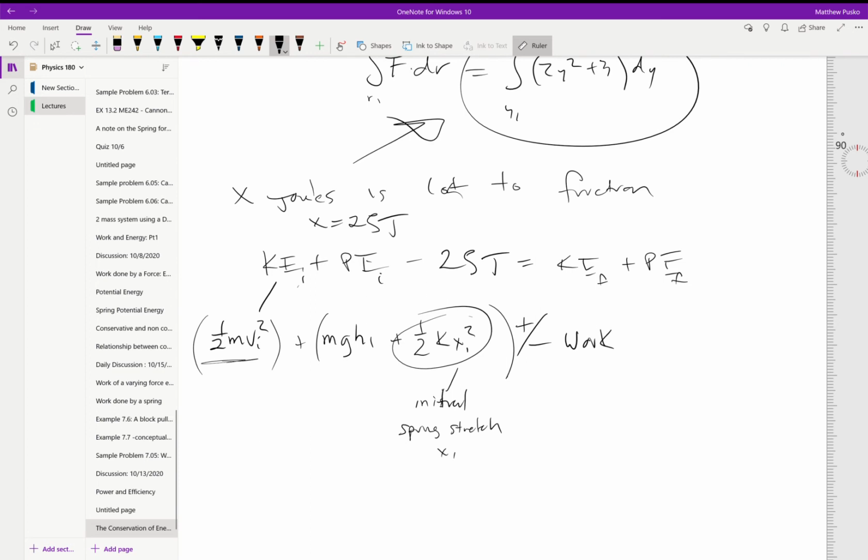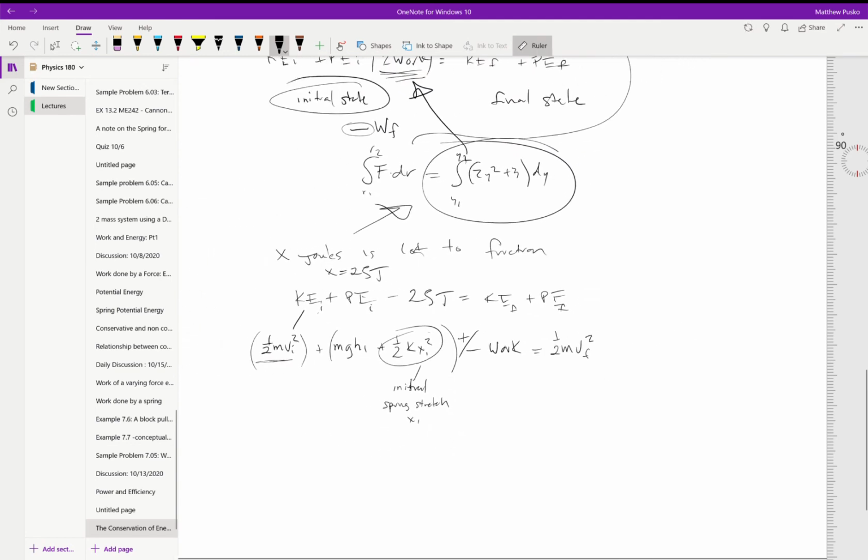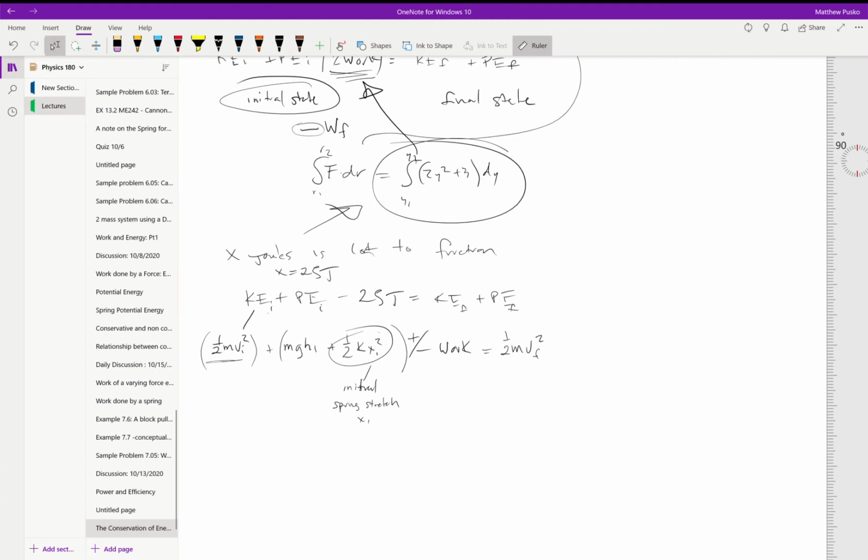And then for the right hand side, I would say, okay, we have possibly some 1/2 mv final squared, if it's maybe trucking along at some different speed. Then there's also some mgh2, possibly, doesn't have to.